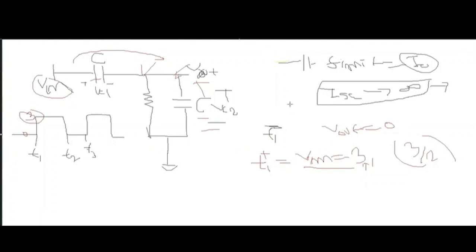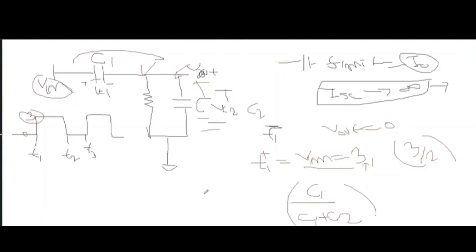Can we apply conservation of charge? Yes. If you take C2 and C1, then the voltage across VC2 is V in times C1 divided by C1 plus C2.